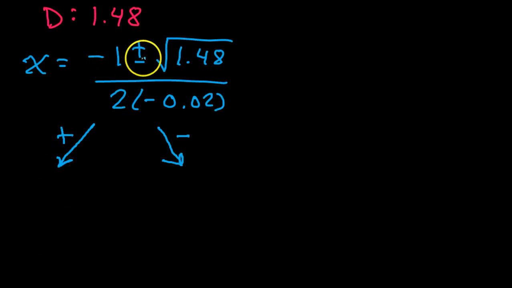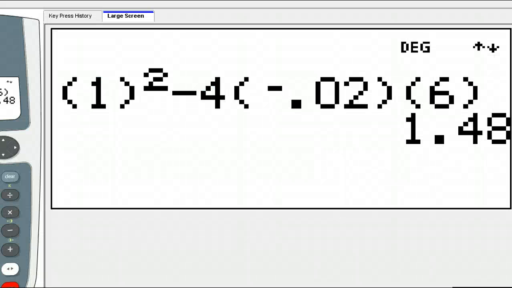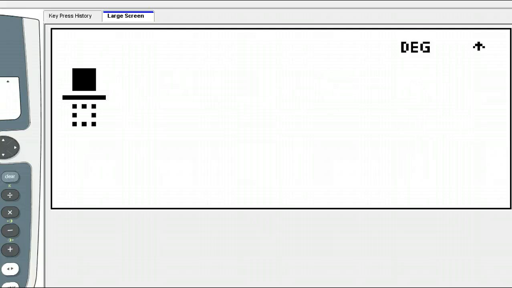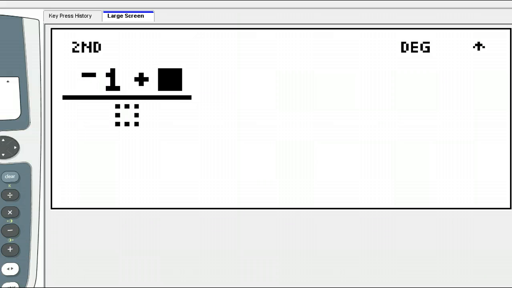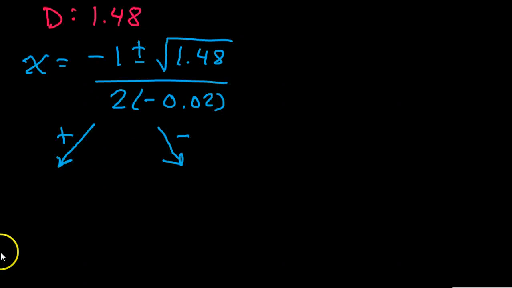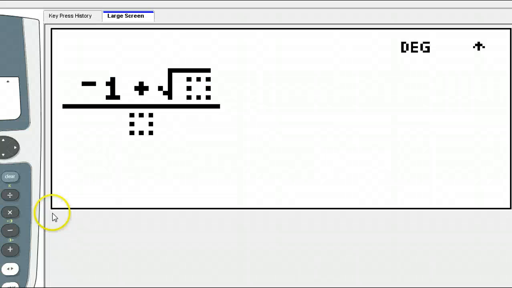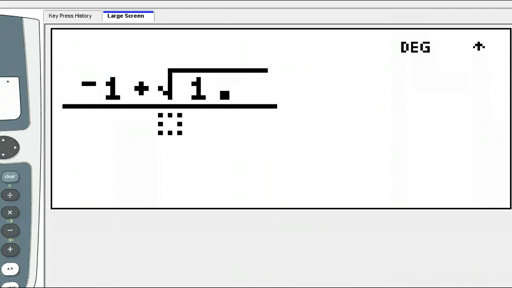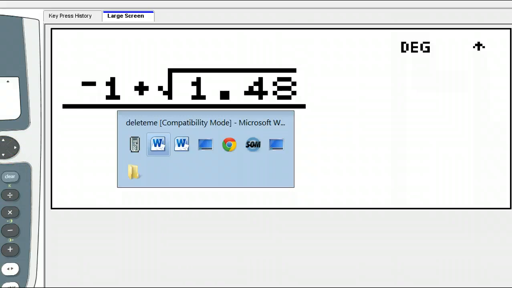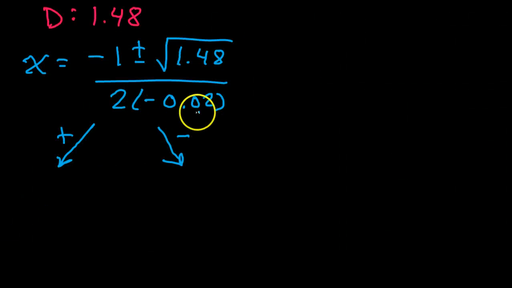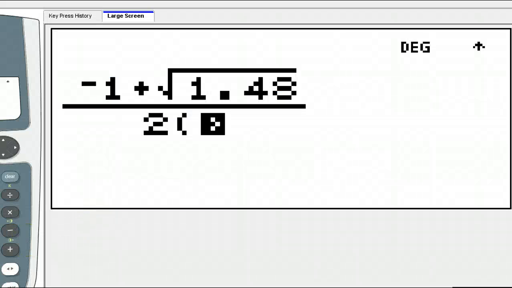So negative 1 plus the square root. Start off in fraction mode. Negative 1 plus the square root of 1.48 over 2 times negative 0.02.